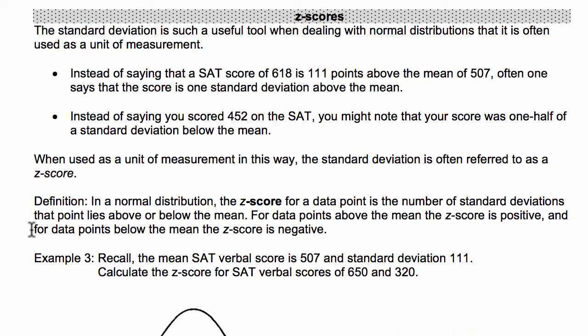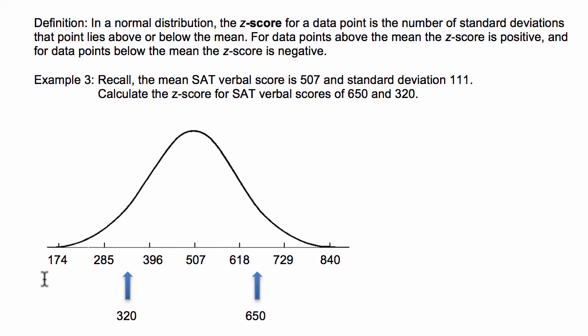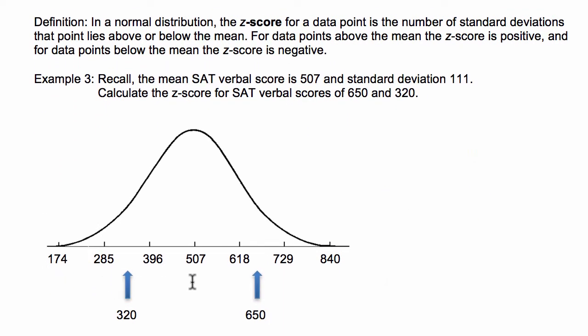Example 3. Recall that the mean SAT verbal score is 507, and the standard deviation is 111. Calculate the z-score for SAT verbal scores of 650 and 320. Let's start with finding the z-score for the SAT score of 650.